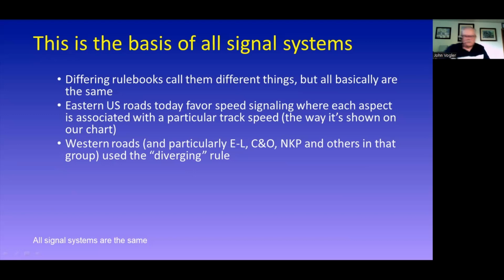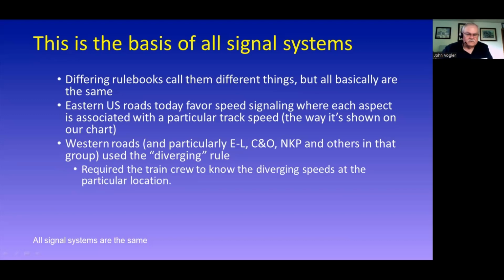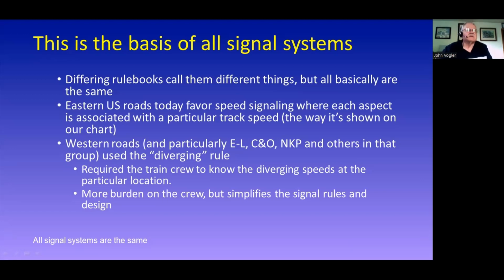And it was up to the crews to know the speeds at those locations. It made for much simpler signal design, which is what I'm favoring here for a model railroad. But it put way more burden on the crew for knowing the actual restrictions at every given point and over every given switch. I did see it and it did work, but for a model railroad, I think it's overkill to go with the full-blown speed signaling.